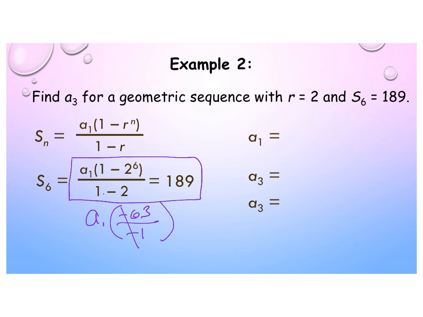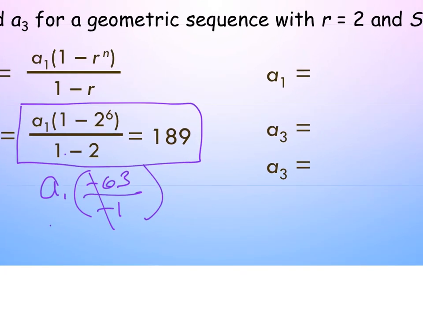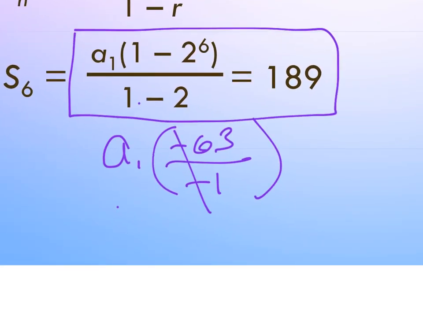So what I've got is 63 times a sub 1 equals 189. So I divide both sides by 63. a sub 1, I think, is going to be 3. Yep, a sub 1 is 3.